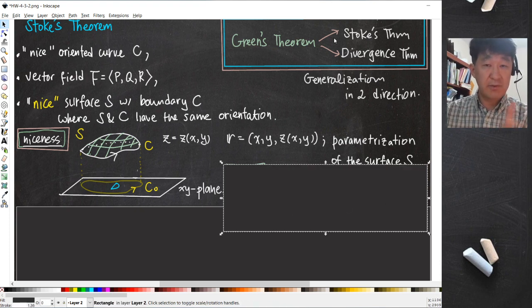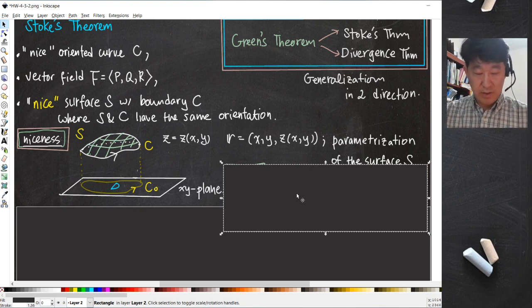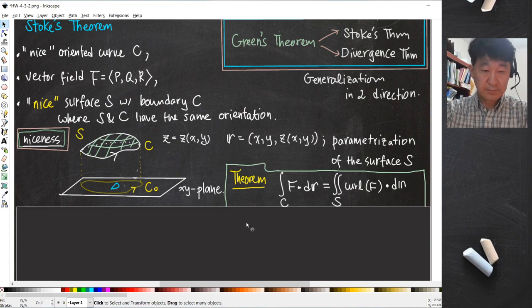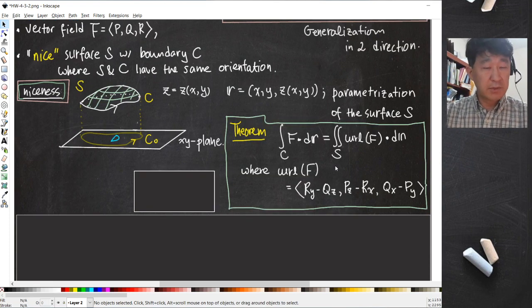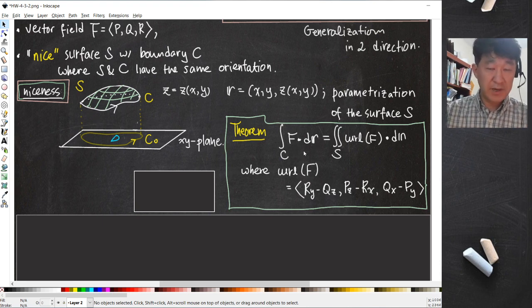All right, here's a statement. In that setup, why does it look like Green's theorem? If you have a line integral going around the curve, and a vector field defined on the space, this line integral becomes a curved double integral, that is, a surface integral.